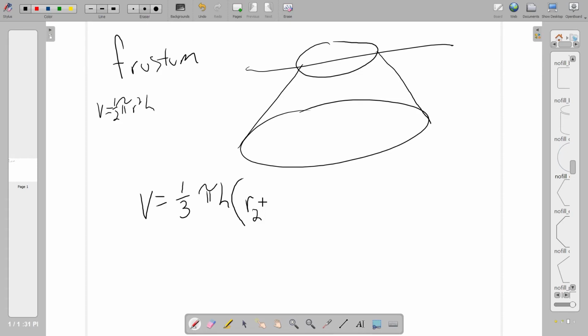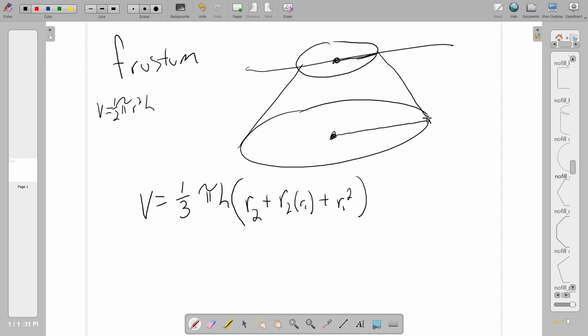R2 plus R2 times R1 plus R1 squared. Now what does that mean? Well, R2 is this top one, so the radius of this circle, and R1 is the radius of this circle.